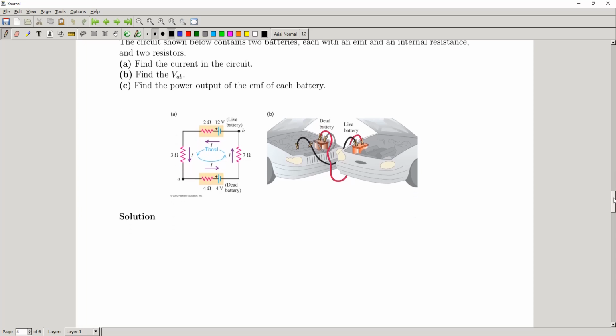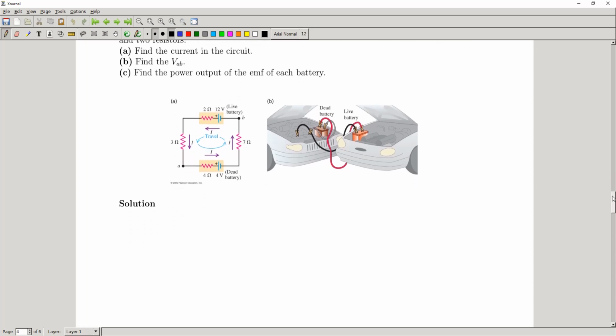So let's apply Kirchhoff's loop rule here. We're going to start at point A here, and we're going to go counterclockwise around the loop, picking up all the contributions, and we're going to end up back at A here. And the loop rule is going to tell us that as we add up all the contributions from the EMFs and the IRs, the resistances times the currents, we're going to end up with 0, right?